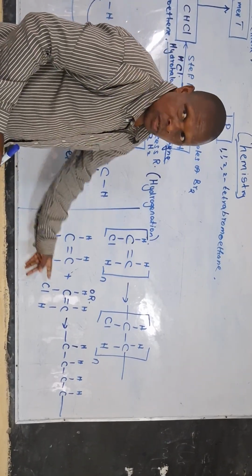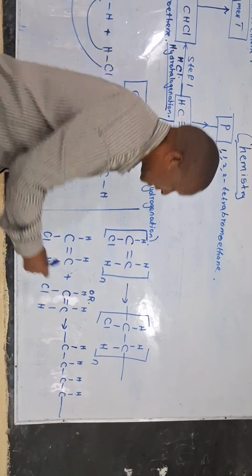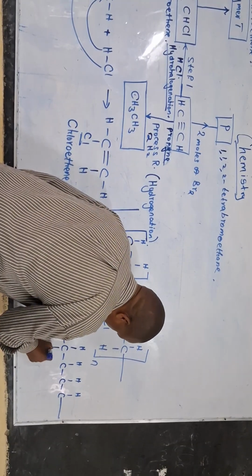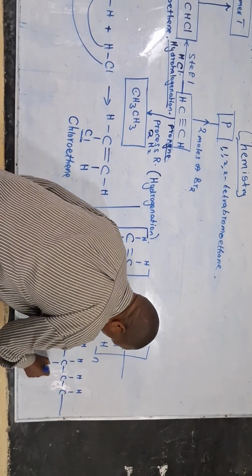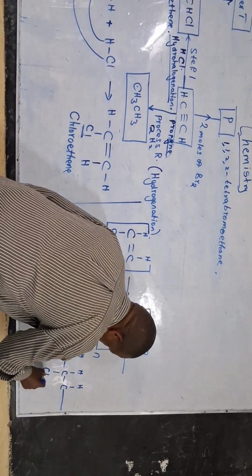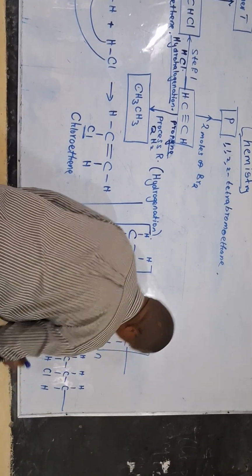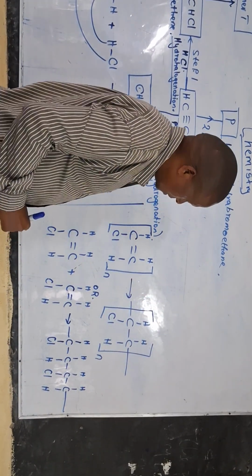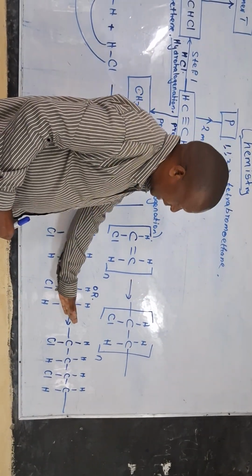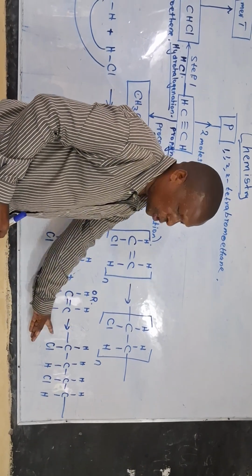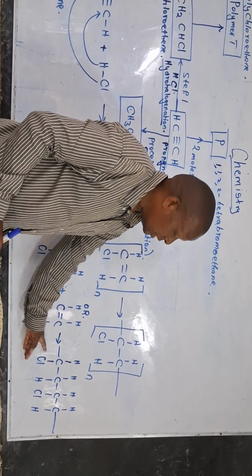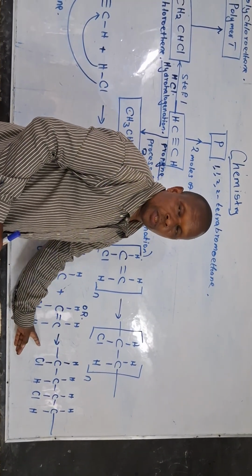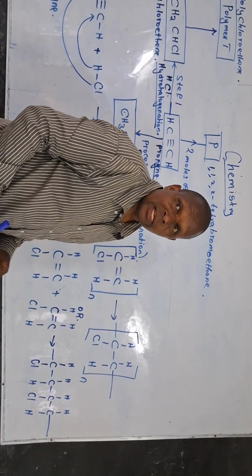Fluorine, hydrogen, fluorine, hydrogen. We do the same thing. We show here fluorine followed by hydrogen, fluorine followed by hydrogen. So that is it. I hope you are keen enough to realize that I have not put a bracket. In most textbooks, a bracket is put, but that bracket is not correct.